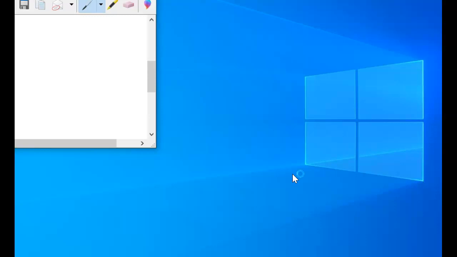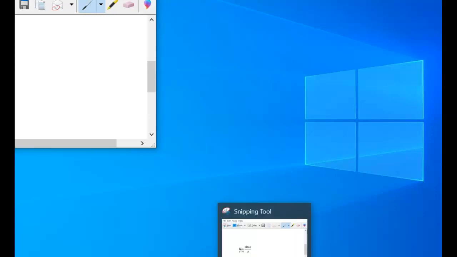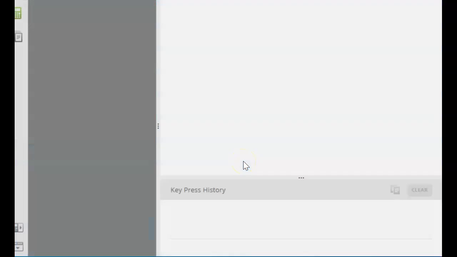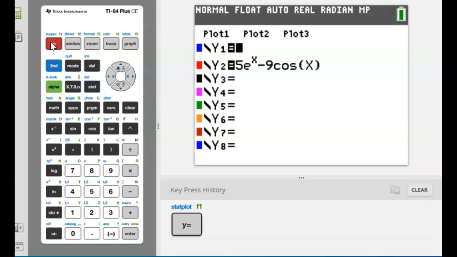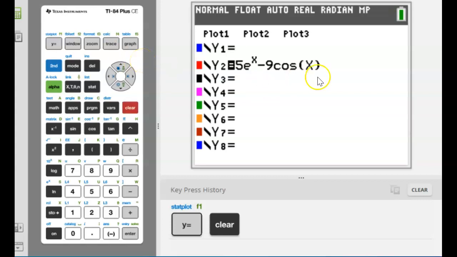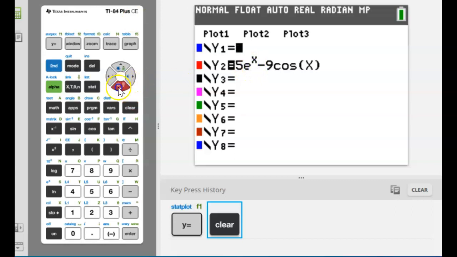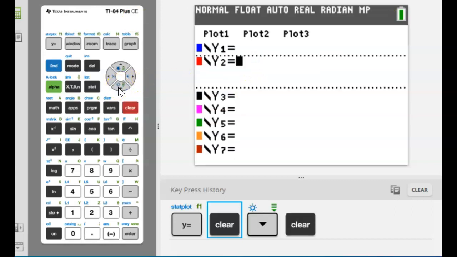All right, and it should open in a second. Okay, so we're going to go to y equals, and we'll go ahead and just clear all of this out. Oh, it lets me. There we go.